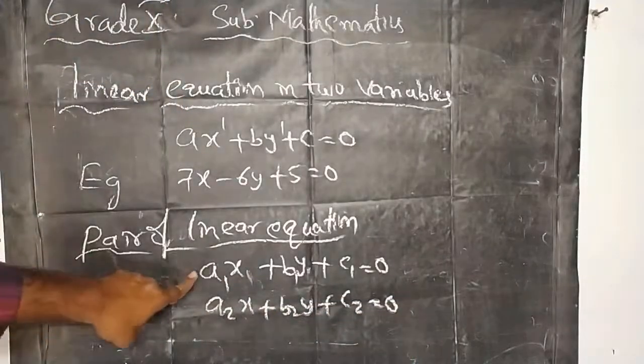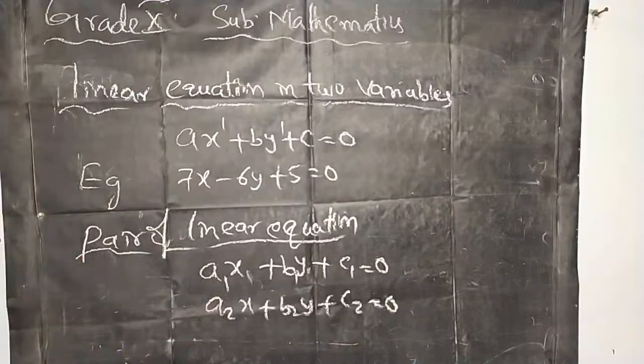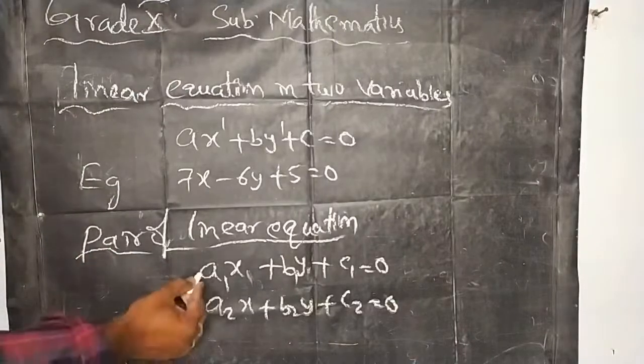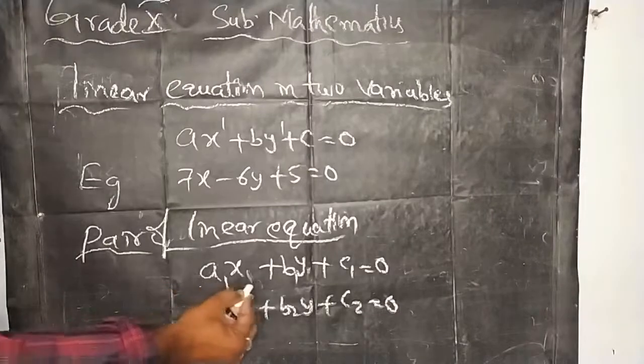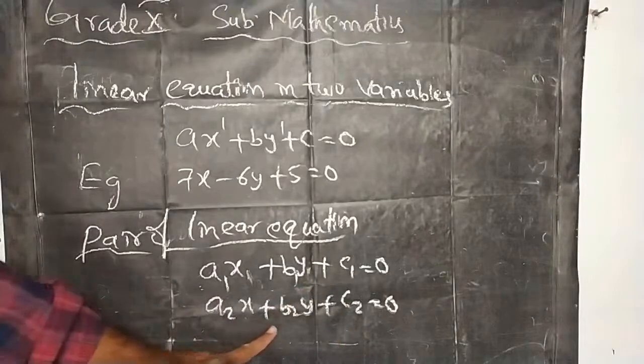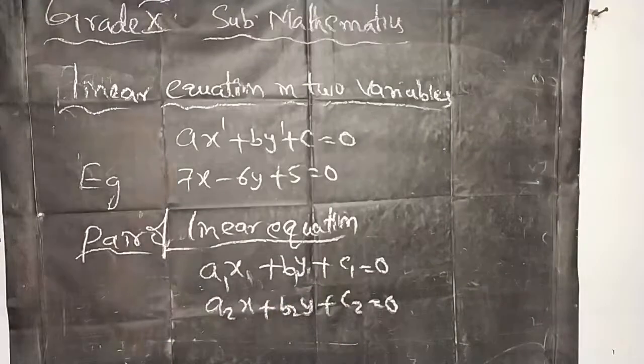So these two are called the standard forms of the linear equations in two variables, and we are taking two of them, means pair of linear equations in two variables.